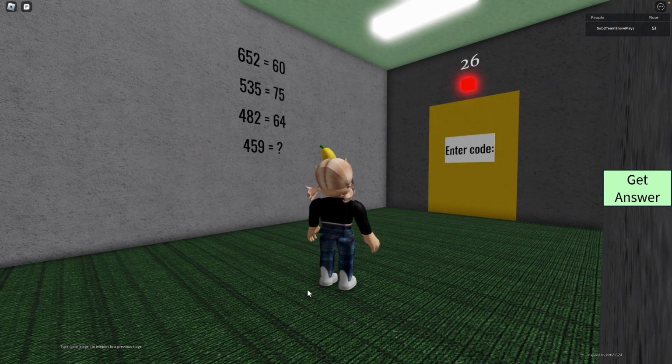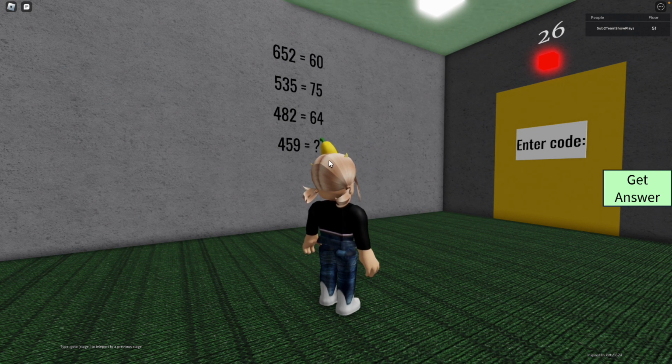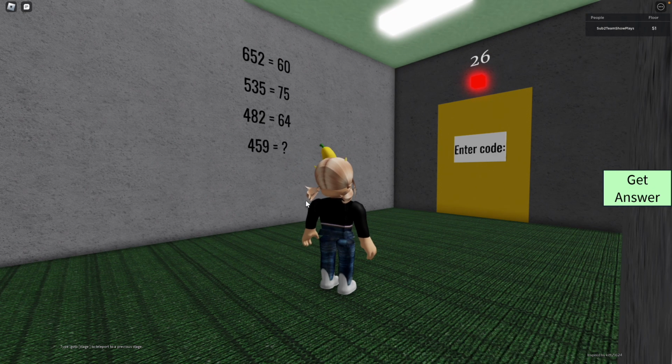So let's get started. On number 26, we need to solve what does 459 equal? Well, the way that I figured this out is you multiply the last two numbers together, and then you multiply that with the first number. So an example would be for 652, you multiply the 5 and the 2 to get to 10, and then you take that 10 and you multiply it with the 6, which is the first number.